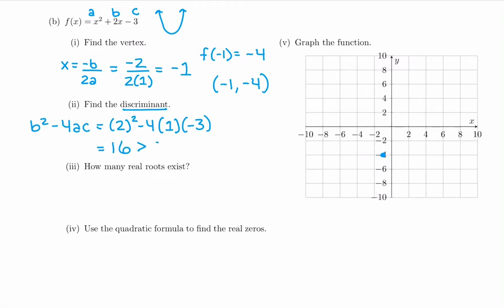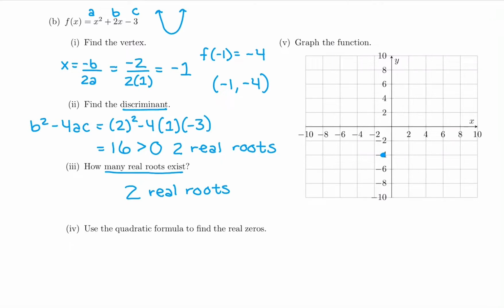If the discriminant is bigger than 0, we have 2 real roots. So how many real roots? 2. We're going to touch the x-axis twice. And that's because our discriminant was bigger than 0, 2 real roots. Any time you have a positive number, it's not because it's 16 specifically, it's because it's positive.